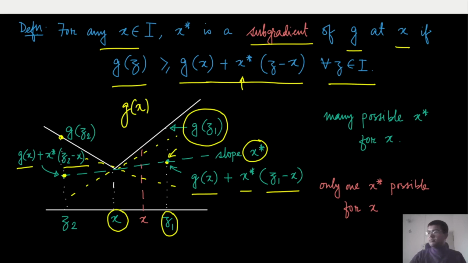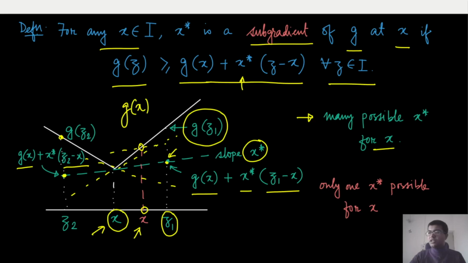So that is one observation, that you have many possibilities for x star when you are looking at this green x. But if you look at this red x, then you have only one x star possible. You cannot really have multiple x stars here.